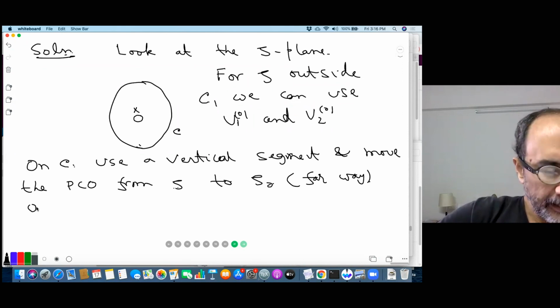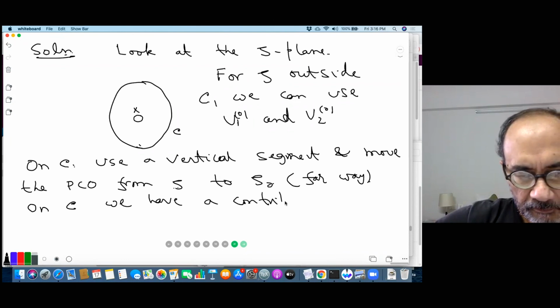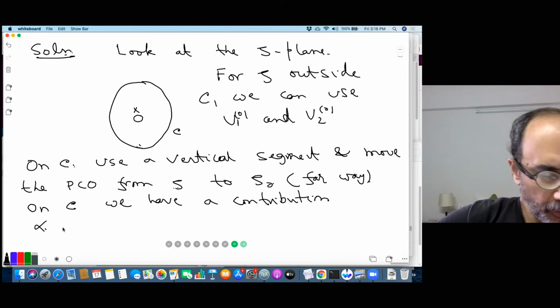Then on C, we have a contribution that is proportional to, inside, V1 remains as it is.